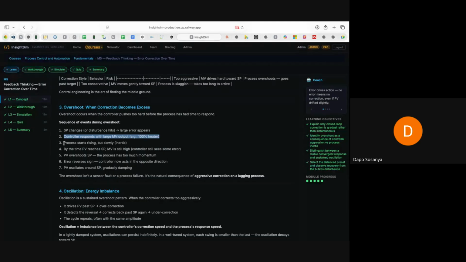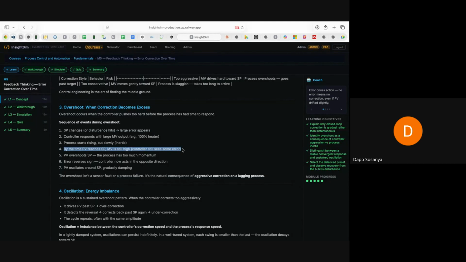And then the process starts rising, but it rises slowly because of the inertia, or the lag. By the time PV reaches SP, MV is still high, and the controller still sees some error. So you can begin to see the disparity now.